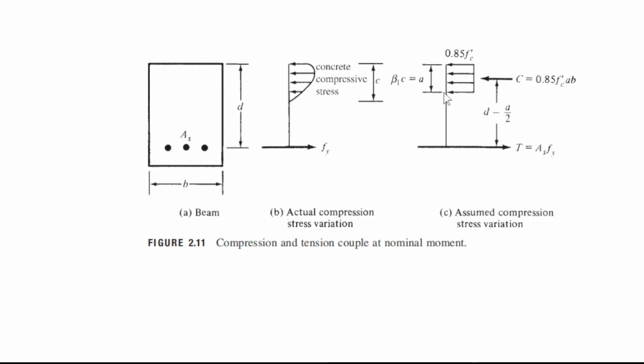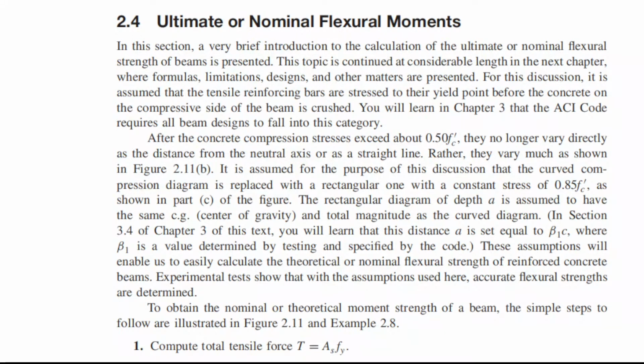It will be replaced by a simplistic model so that we can easily analyze mathematically the relationship, the equations, the stresses, and so on. That's what we are doing right now.